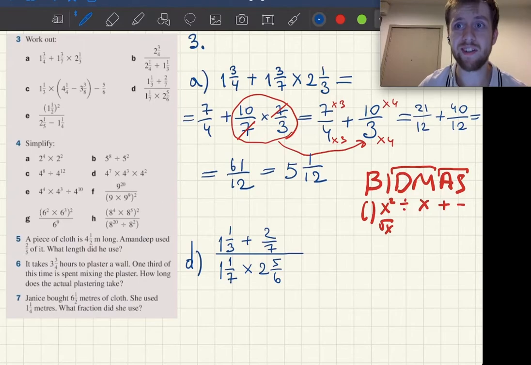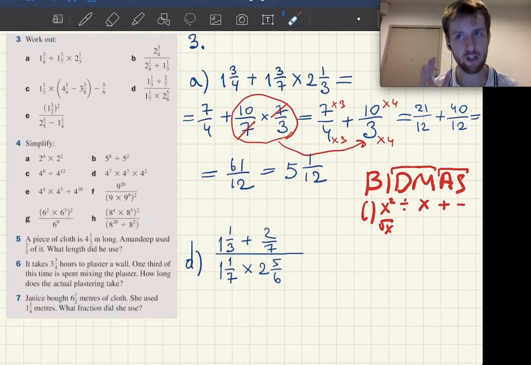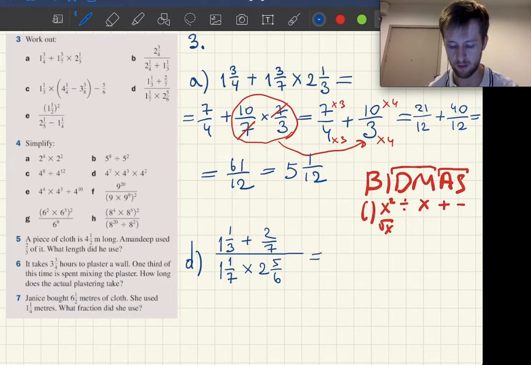Okay, so this is a little bit complicated because it may look like we should do this first, because this is division, but actually no. It actually looks like this. If you try, you can transform it, it's going to look like this.